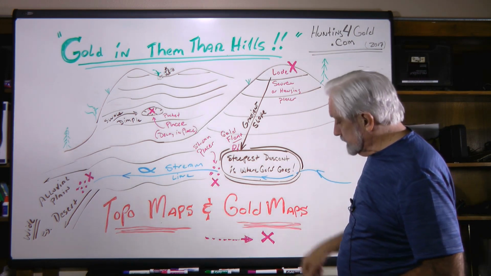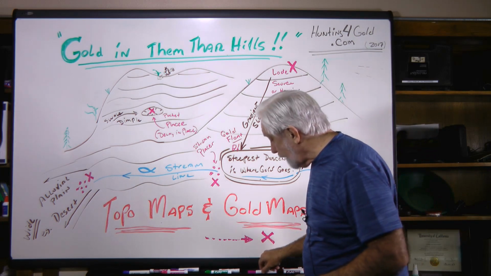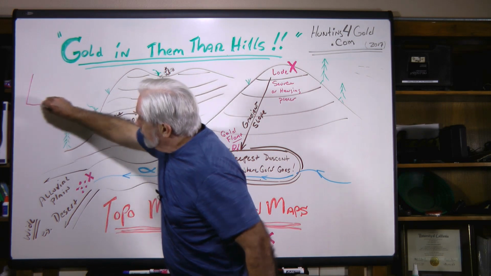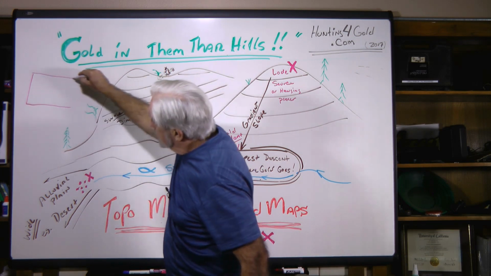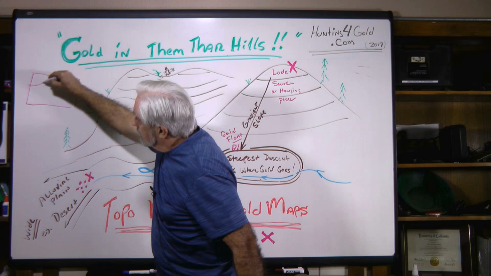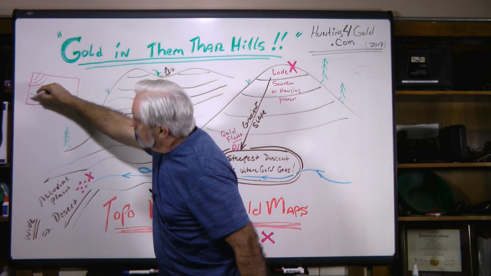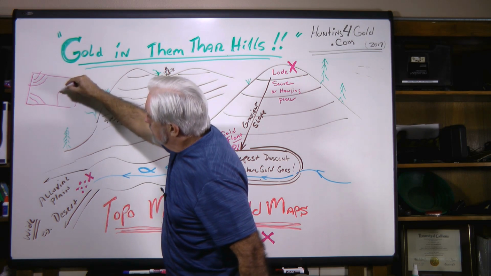Typically, when you look at these, you're going to see them on a map in a form that looks more like this, where the map would be a rectangle of information, and the contour lines will be a series of lines marking out those elevation lines.